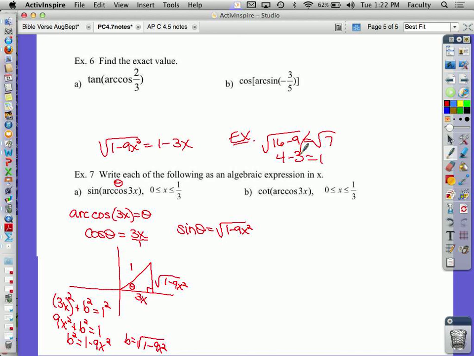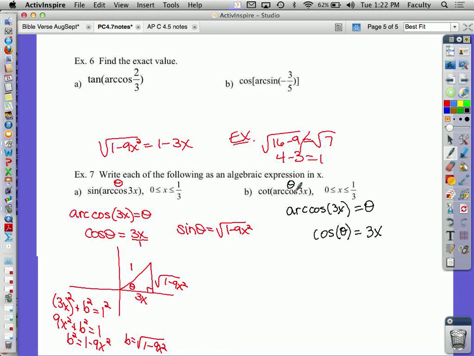All right, let's try one more. Here we go. So the answer to the inside is theta. So I'm going to start with arc cosine 3x equals theta, or cosine theta equals 3x. Now isn't that the exact same inside as we just did? So let's not redo the work, okay?